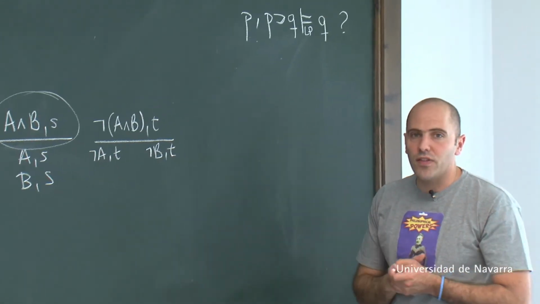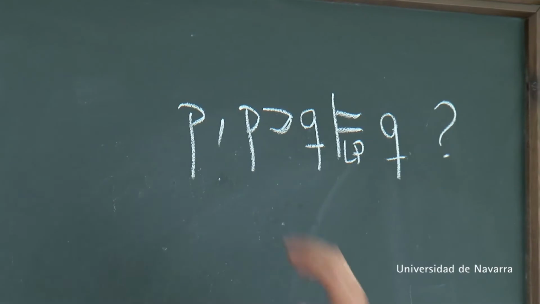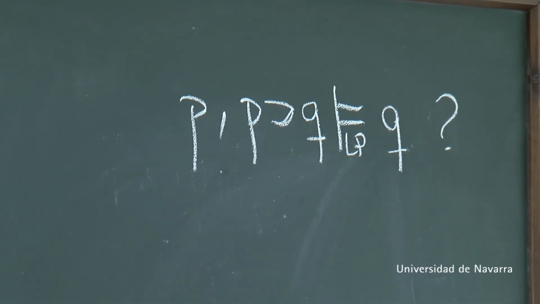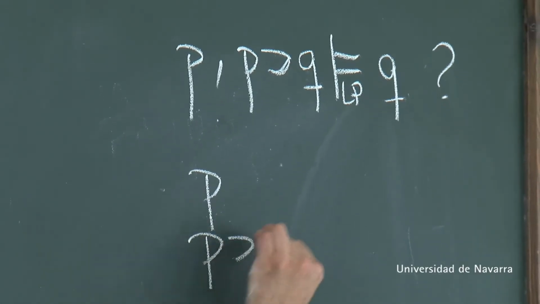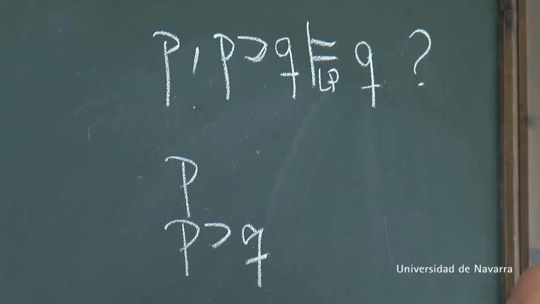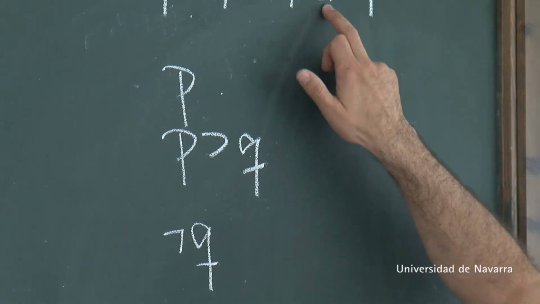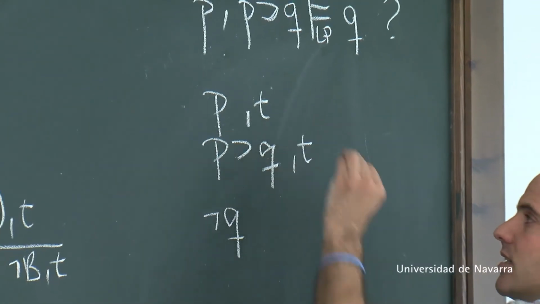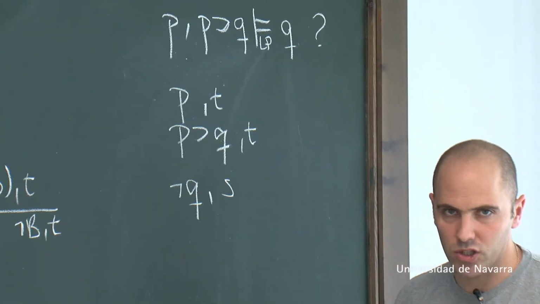So we question whether this inference holds. This inference is modus ponens in inference form. So it's an interesting inference. Okay, so we just list the premises and negate the conclusion. And since we are asking about LP, we put the tag tolerated on the premises and the tag strict on the conclusion.